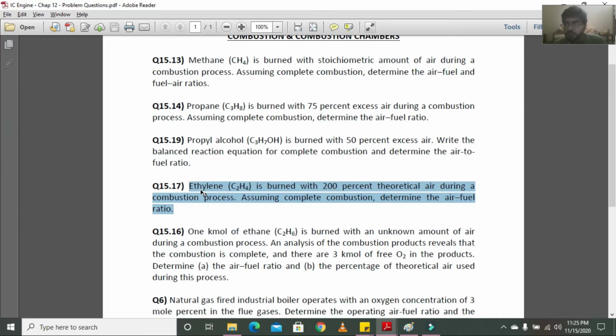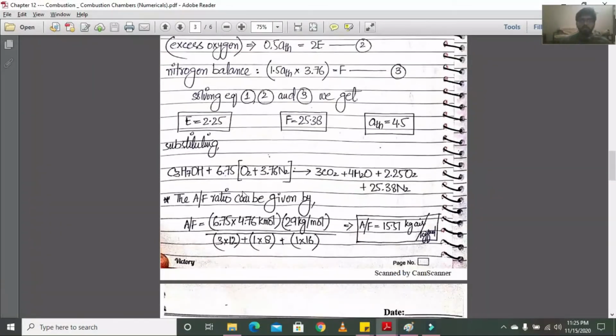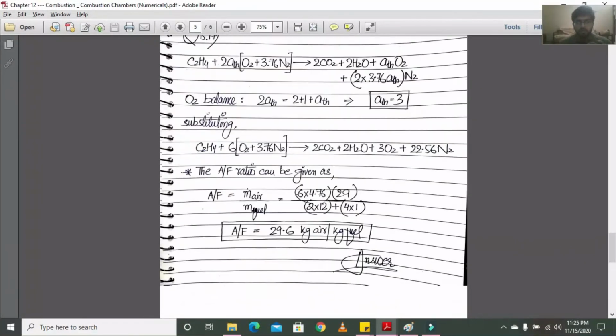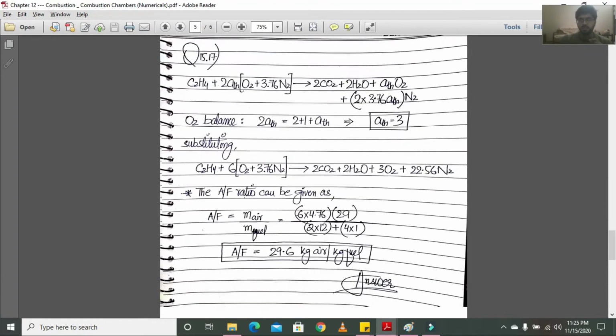So it is the same question just like the previous one which we solved, that was 15-14. Now coming towards the solution, I will not spend too much time on this question. I will quickly explain it and then move towards the next question. In the previous question I had 75% excess air, so I mentioned 1.75 times ATH, but here we have 200% of the theoretical air, or 100% excess air.